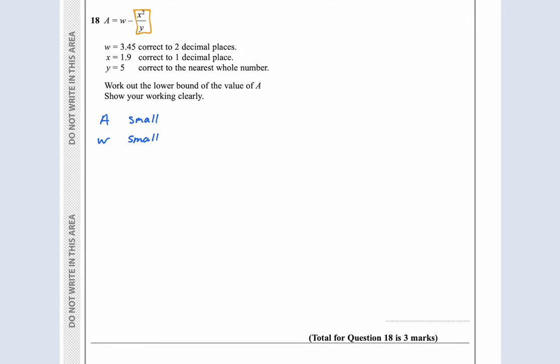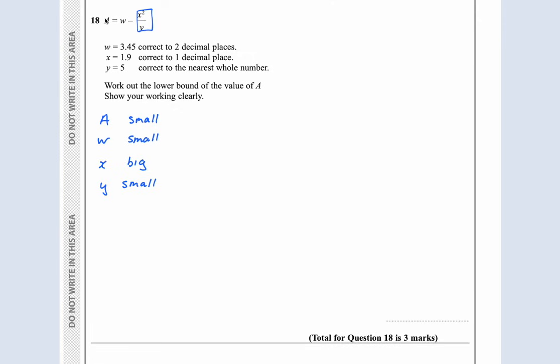So to make that big, I'm going to make x squared big, or x will be big, and I'm going to make y small, because again, if I want this thing to be big, I want y to be small.